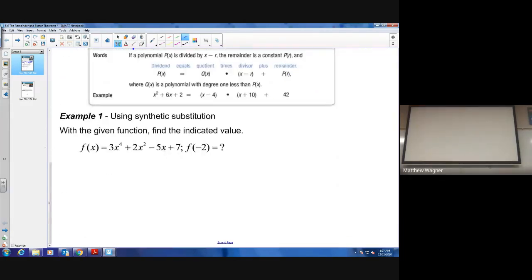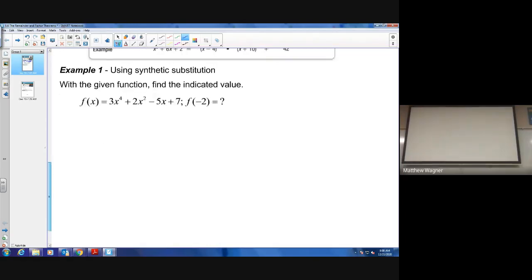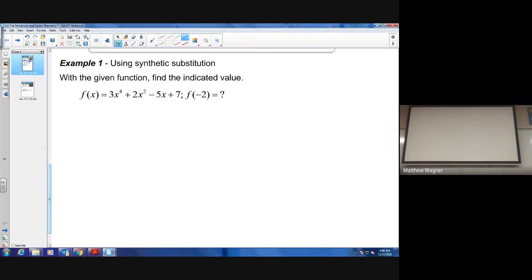So we're going to go into a few problems. You don't need to really know that by heart, but just know that synthetic substitution and direct substitution give you the same value of the function, all right?